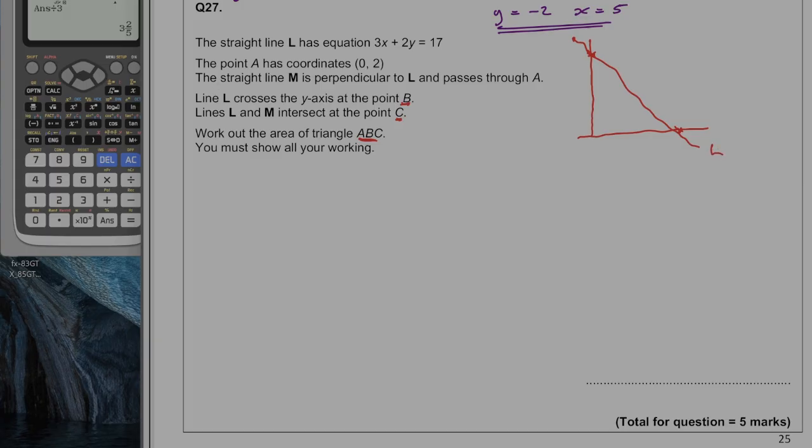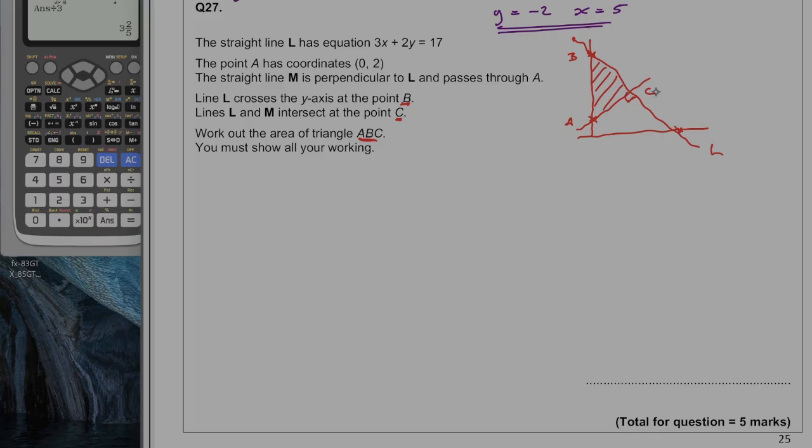A has a coordinate of 0, 2, so 0, 2 would be roughly there. And we've got it being perpendicular to this. L crosses the y-axis at B. L and M intersect each other at point C. Okay, and we want to work out this area here.